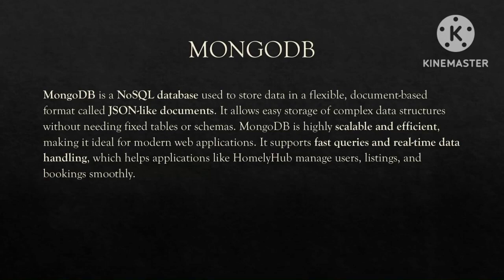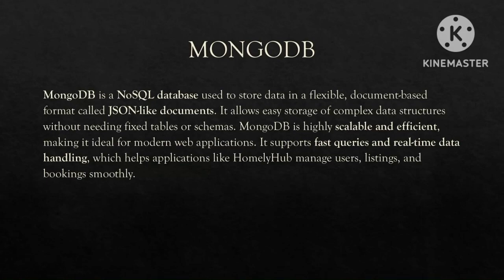MongoDB is a NoSQL database used to store data in a flexible document-based format called JSON-like documents. It allows easy storage of complex data structures without needing a fixed tabular schema. MongoDB is highly scalable and efficient, making it ideal for modern web applications.